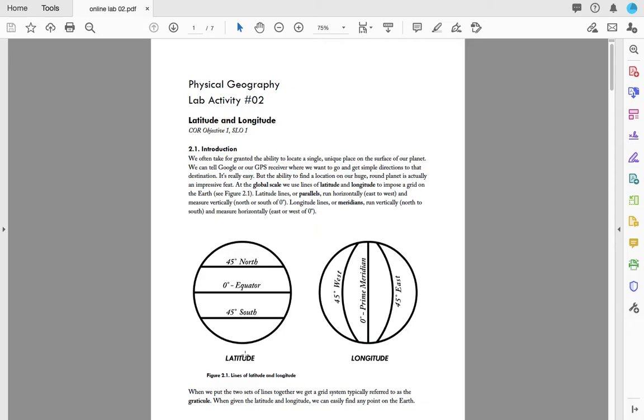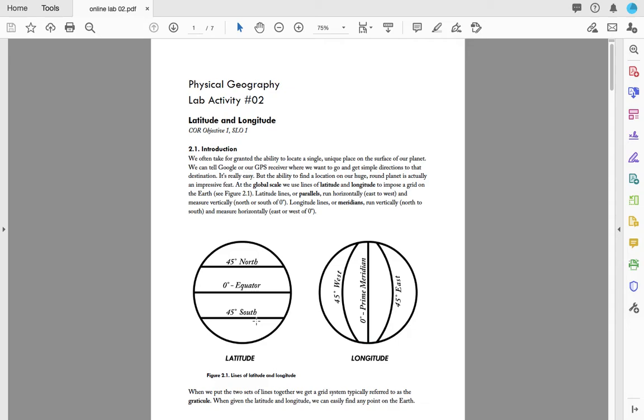Now, latitude refers to these horizontal lines. So if we're looking at the globe right here, in this image on the left, the latitude is running horizontally, or east to west, but it measures north and south.